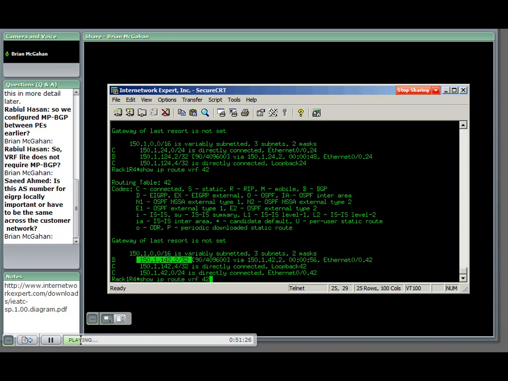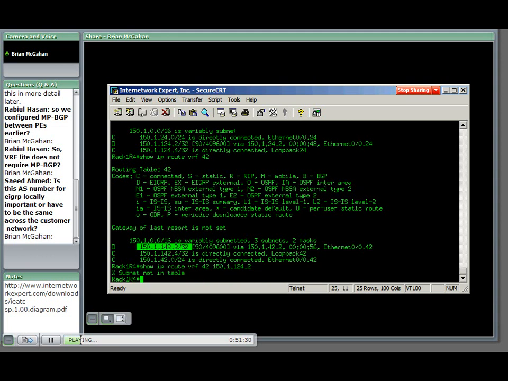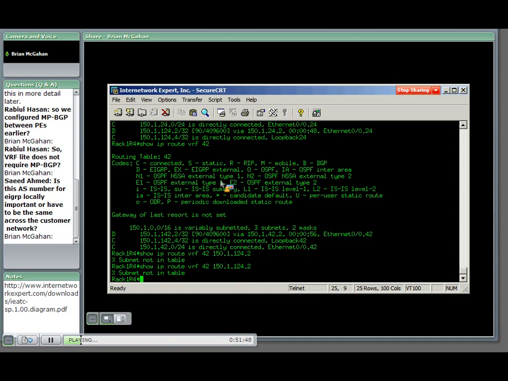So if we're inside VRF42, there's no way that we can get to 150.1.124.2, because we simply don't have the route installed in the routing table.